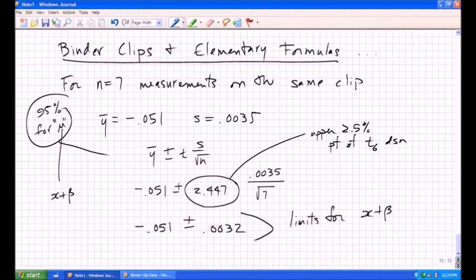Of course, if the bias is 0, so if beta is equal to 0, these are limits for x itself, for the measurand itself, the size of that clip itself.